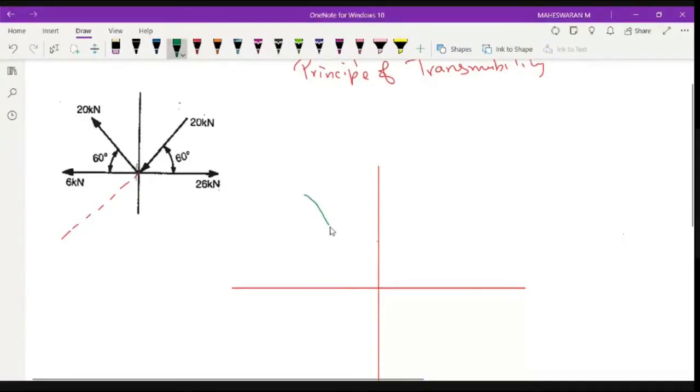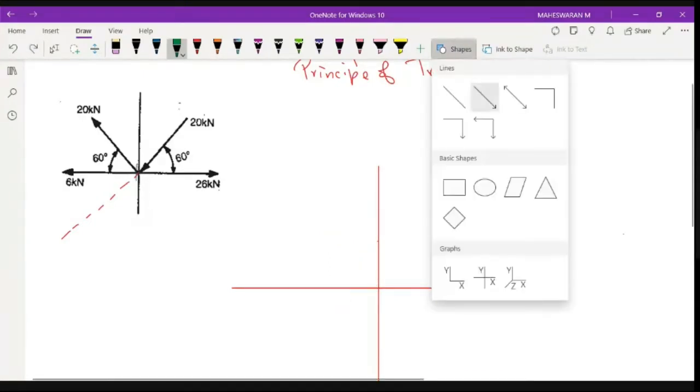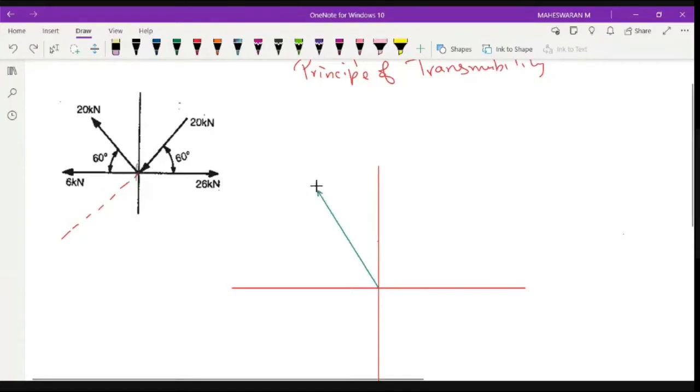So this is my force. This force is 20 kilonewton, and the angle of this is 60 degree, which is mentioned here.